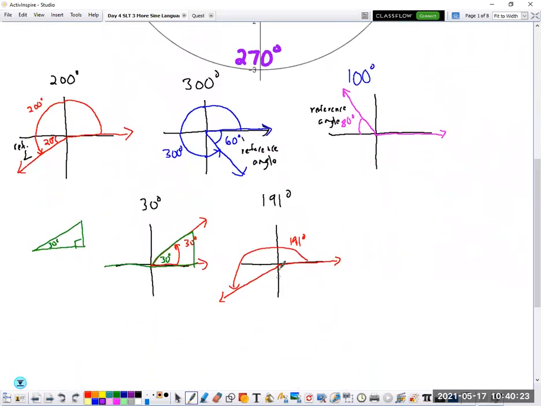So if I'm looking for the reference angle here, I have to remember that this is 180 and this is 191. And I really want to focus on what arithmetic I am going to do to get that little angle.